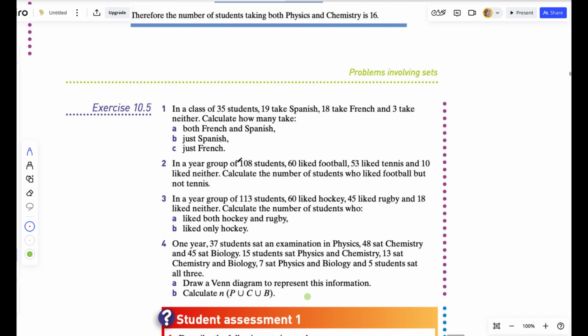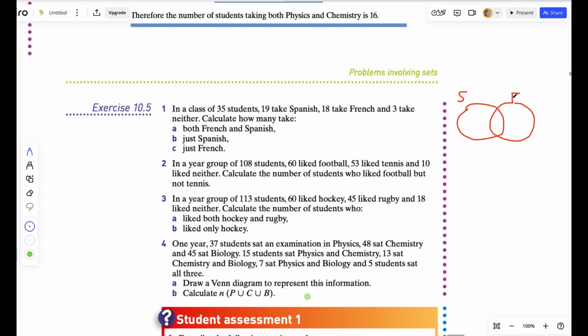Say in a class of 35 students, 19 take Spanish. So you just draw a Venn diagram for Spanish, another one overlapping with the next subject. It says 19 students take Spanish, so we write x here, the overlap. Spanish is 19. And 18 students take French.